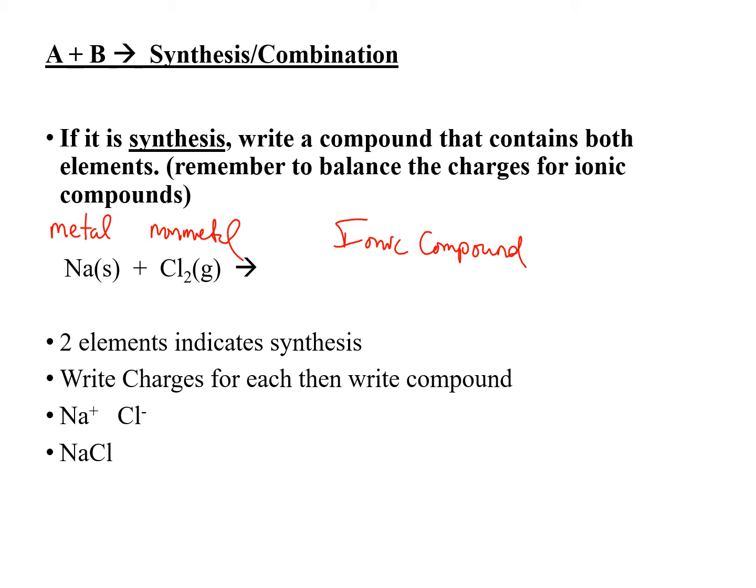And our formula for the new compound, after crisscrossing, we get NaCl. All right, so we put our formula, NaCl, and then the last step is we're going to balance. And we should all be proficient in balancing equations at this point.